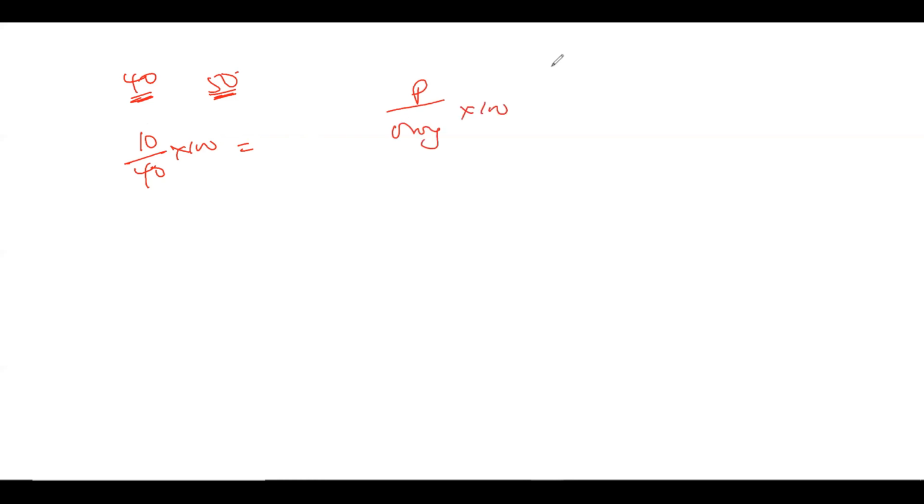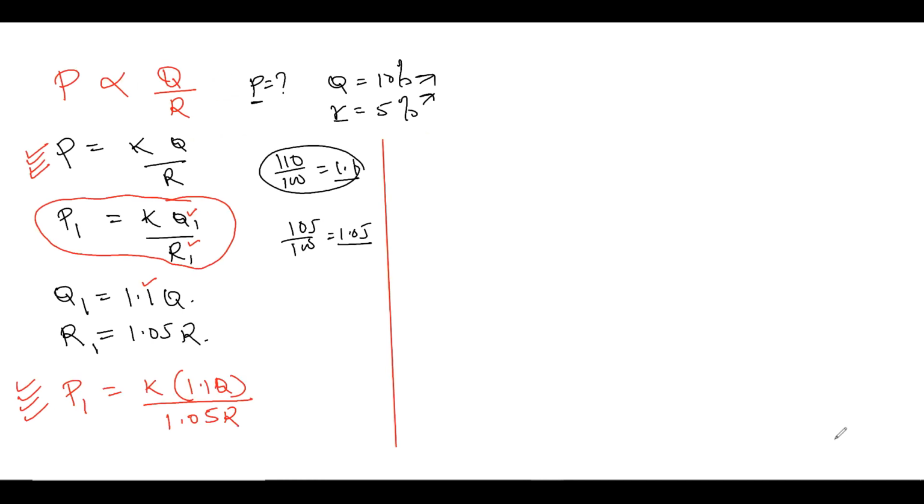You said it. And I asked that because sometimes when someone uses letters to explain things, some people get confused and say they don't understand these letters. But I wanted that explanation so that when I explain the next thing, you will understand. This question asked to find the percentage change in P. So if you want the percentage change in P, you say the new P minus the original P over the original P times 100.